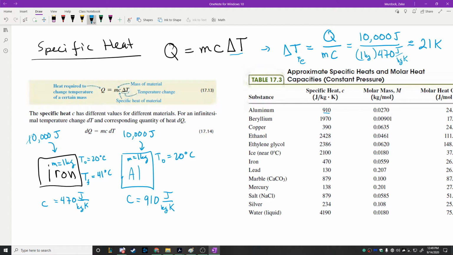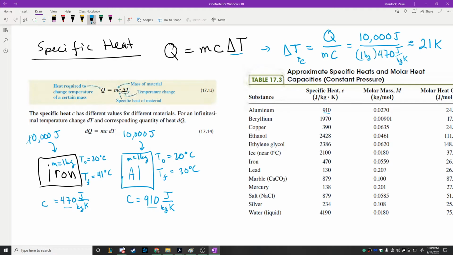What do you think this one's going to go to? 910 is about twice as much as this, right? So I would say the final temperature of this should probably be something like 30 degrees. Does that make sense? Do you guys have any questions? And you can plug in numbers here if you want to get the exact answer.